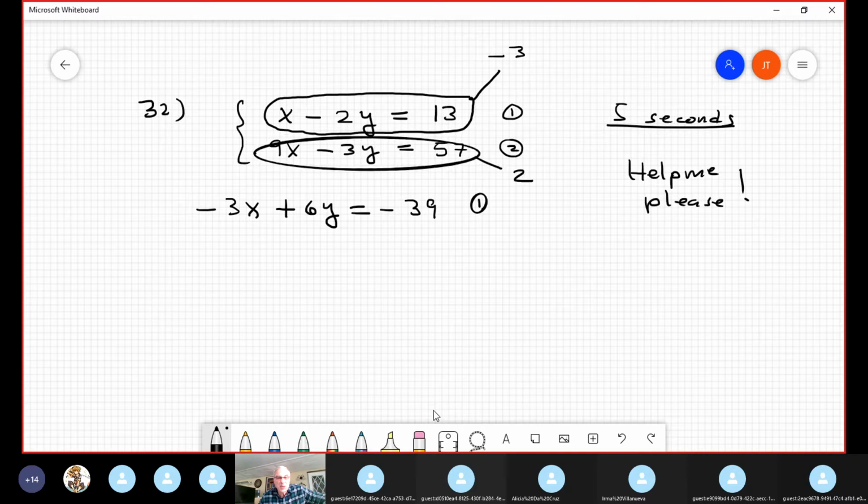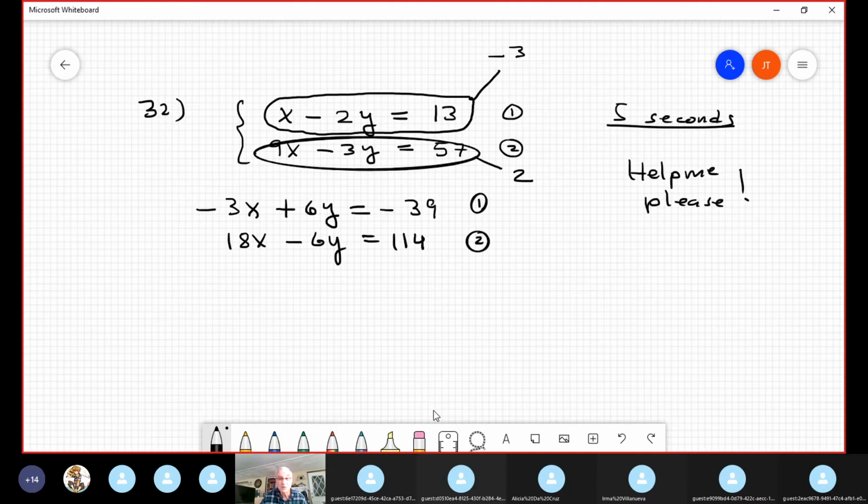So 2 times 9 is 18, 2 times -3 is -6, and 57 times 2, I put in my calculator, is 114. This is equation 2.